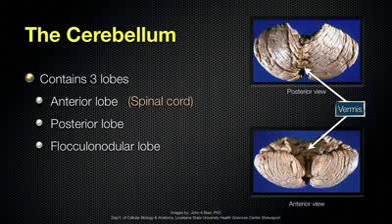And it's going to take that information, of course, and integrate it with some other information that the cerebellum is getting. The posterior lobe is going to get information from the cortex, and we've spoken about areas in the cortex that are responsible and that are involved in the process of movement. And lastly, the flocculonodular lobe is going to get information from the vestibuli. So that's in the inner ear.